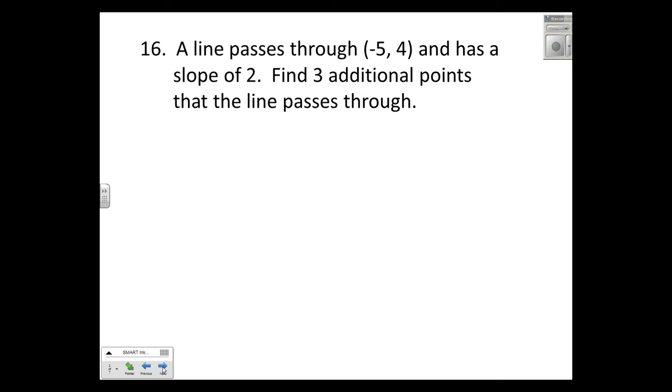Okay, line passes through a given point and has a given slope. Find 3 additional points that the line passes through. We could, of course, if we had some graph paper, we're willing to sketch this, we could plot the first point, -1, 2, 3, 4, 5, and up 1, 2, 3, 4, and we could plot that point.